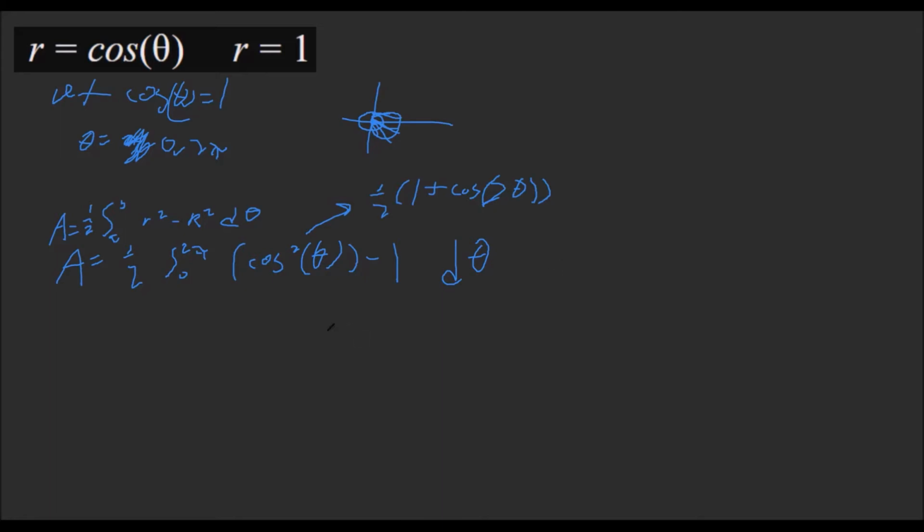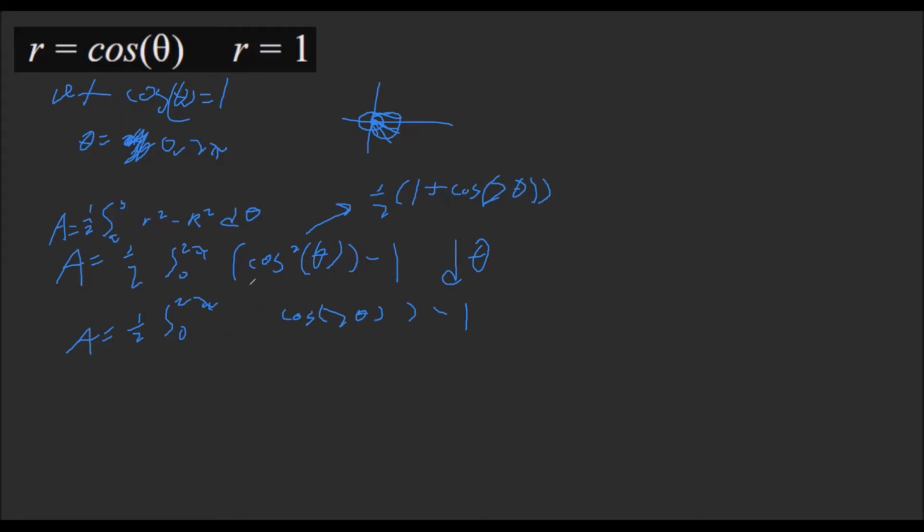So let's simplify. Let's find the antiderivatives of some of these terms. Well, first let's simplify. So A equals 1/2 the integral from 0 to 2 pi of 1/2 times 1 plus cosine 2 theta, minus 1. Now let's distribute this 1/2.